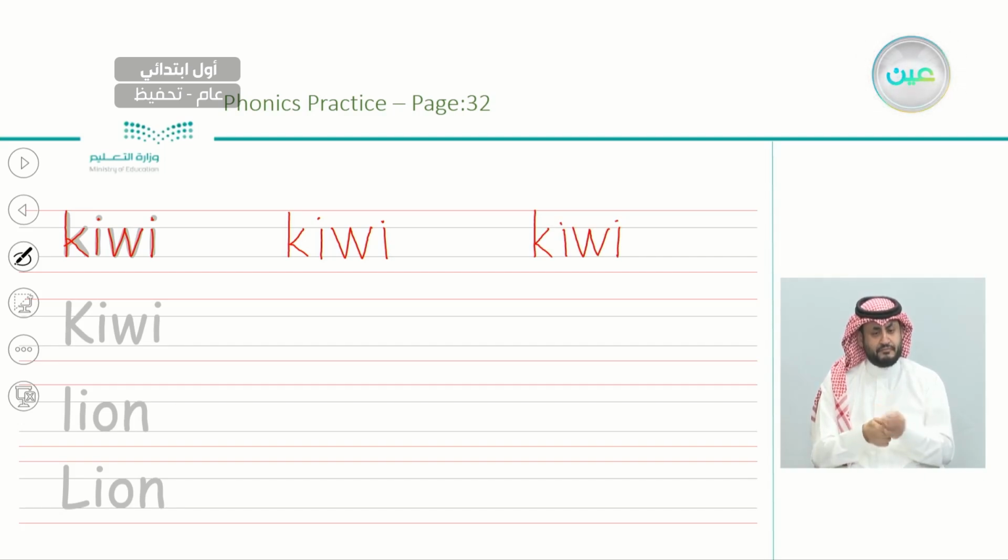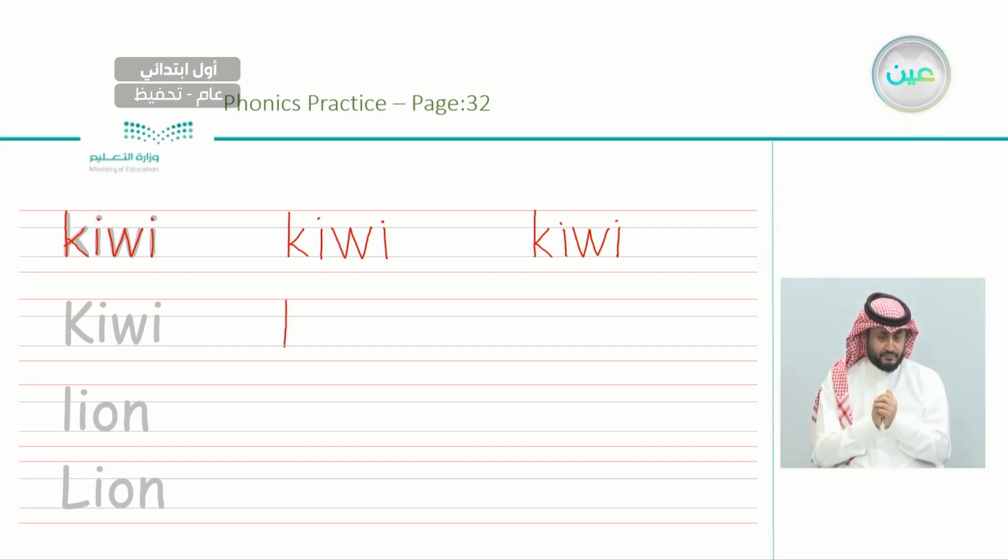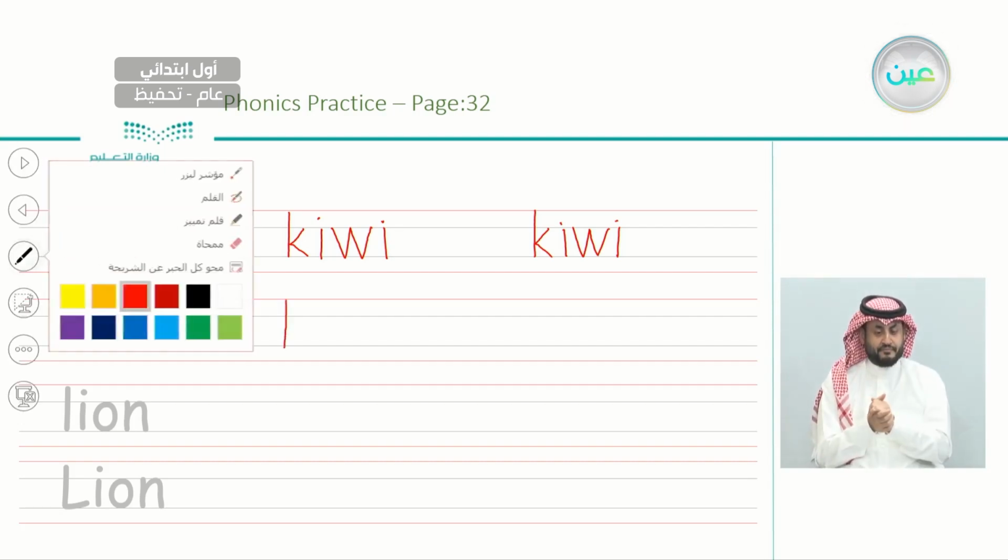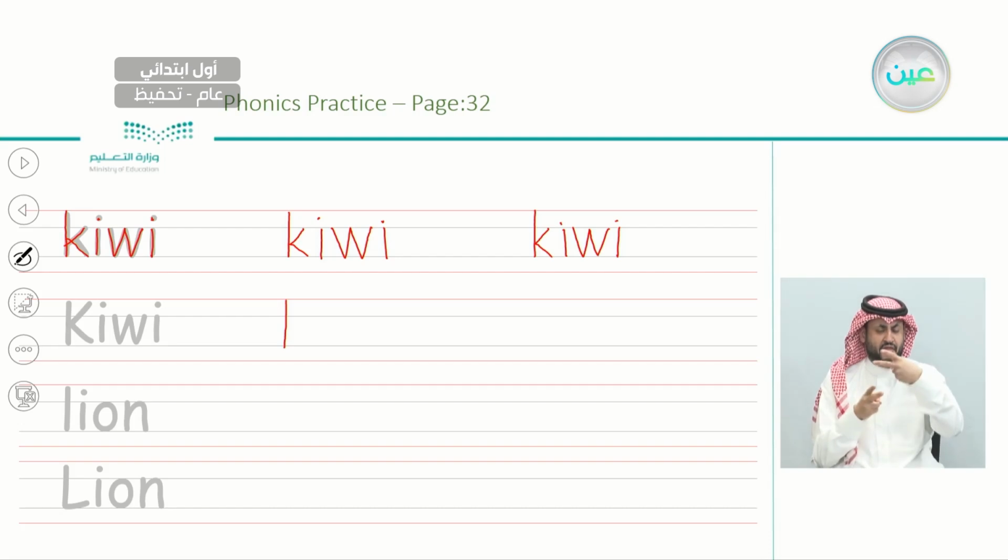Kiwi again, but now in capital form. Start from number 1 up to number 3 like this, the same as small, but the 2 lines will be like this. So K, then I, W. Kiwi.